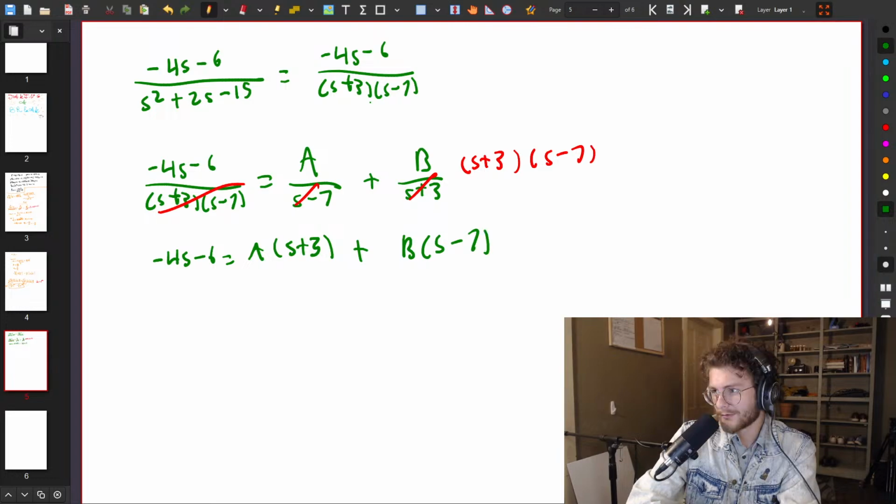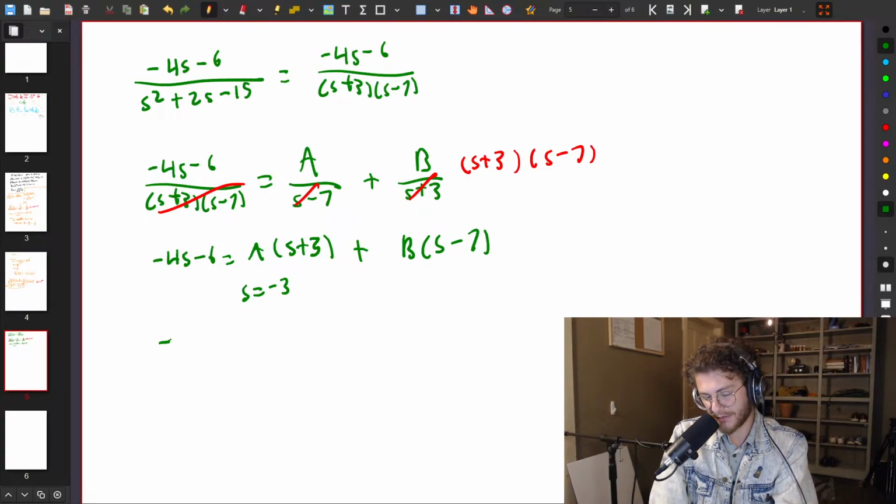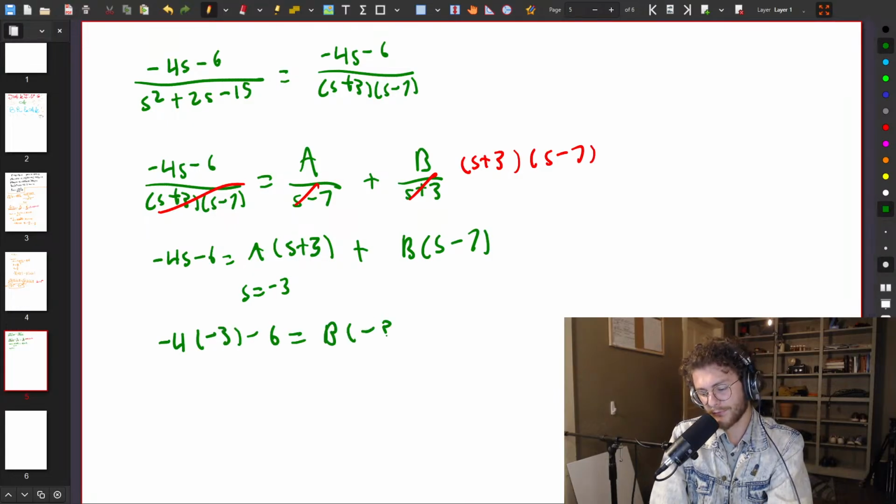Now comes the fun part where we need to go and pick a favorite s. If the favorite s is s equals negative 3, for s equals negative 3, that's going to get rid of A, meaning negative 4 times negative 3 minus 6 equals B times negative 3 minus 7, which is going to give us negative 10B equals, what's negative 4 times negative 3?